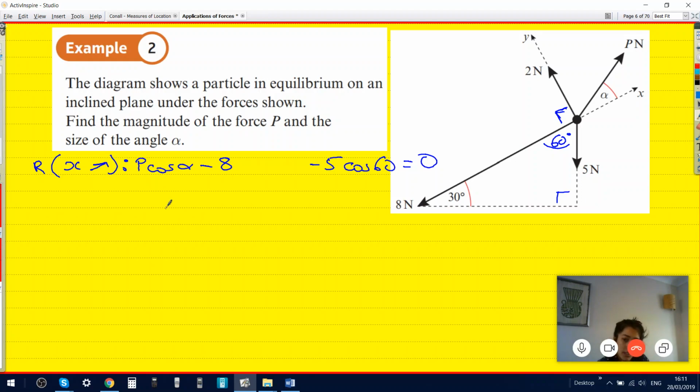Yeah. And then we resolve the other way. We've got two unknowns, so we can't solve it yet. So I'll resolve in the y direction.